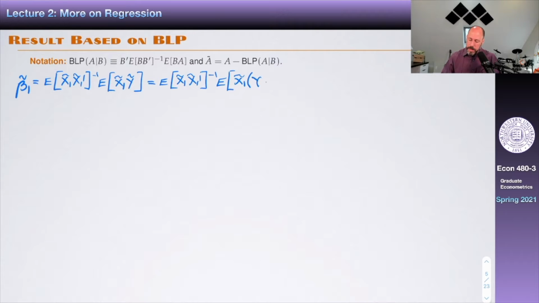It is y minus the best linear prediction of y given x2. That's our definition of the tilde variables.